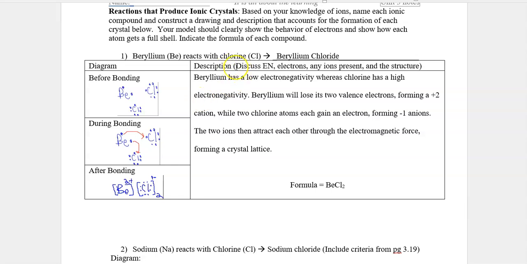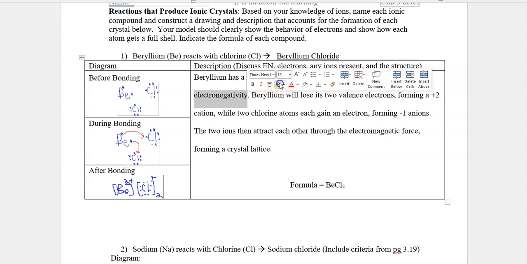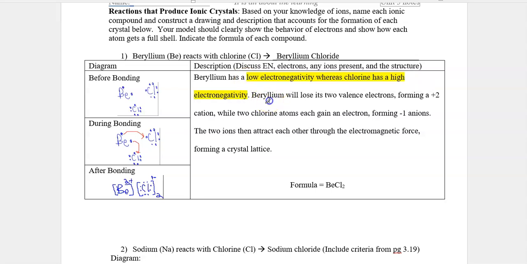In our description, you want to talk about these 4 things: electronegativity, electrons, ions, and structure. So beryllium has a low electronegativity, whereas chlorine has a high electronegativity. Beryllium will lose its 2 valence electrons, forming a +2 cation, while 2 chlorine atoms each gain an electron, forming -1 anions.